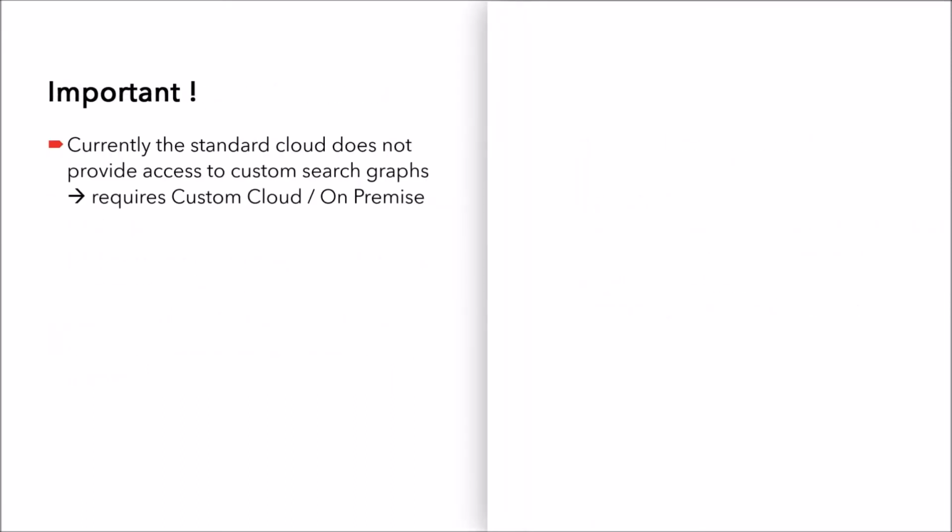So another info, the standard cloud does provide access to search graphs. We have the custom cloud if needed. We have some customers who cannot work with the standard search graphs, who need their own individual search graphs, which you cannot compute by yourself on the standard cloud.